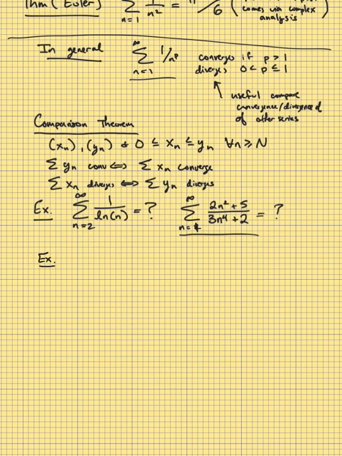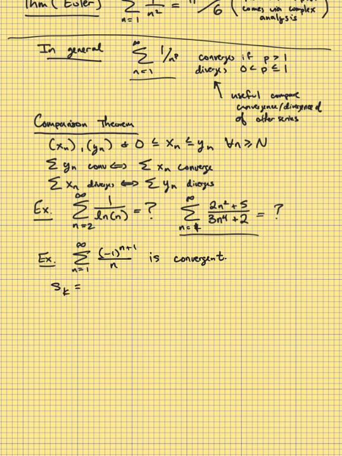So usually we've done only things with positive terms, but of course you can also take things with alternating terms, or positive and negative terms. Okay, so let's look at the sum from n equals 1 to infinity of negative 1 to the n plus 1 over n. Okay, so the claim is that this is convergent. Okay, so I'll just write out what this looks like.